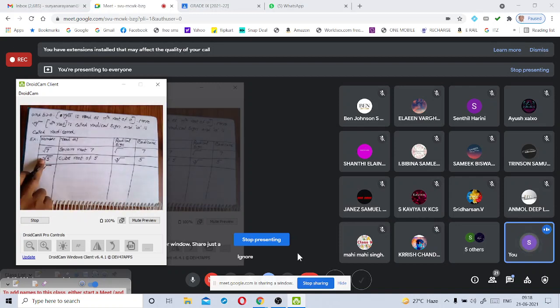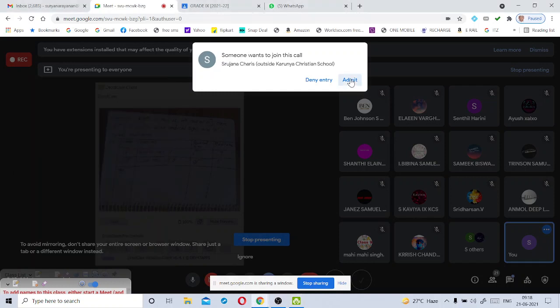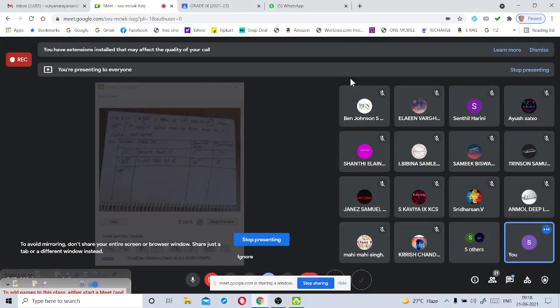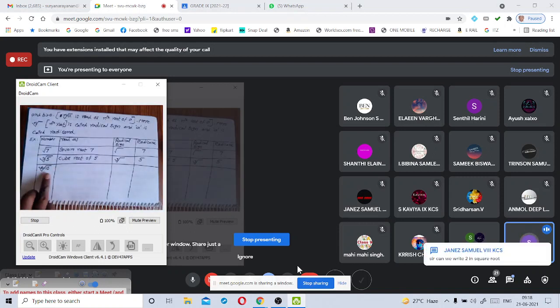Observe these numbers, my dear children, where I am writing 3, 4. When no number is written here, it is read as square root. Remember these points, my dear children, how to read.